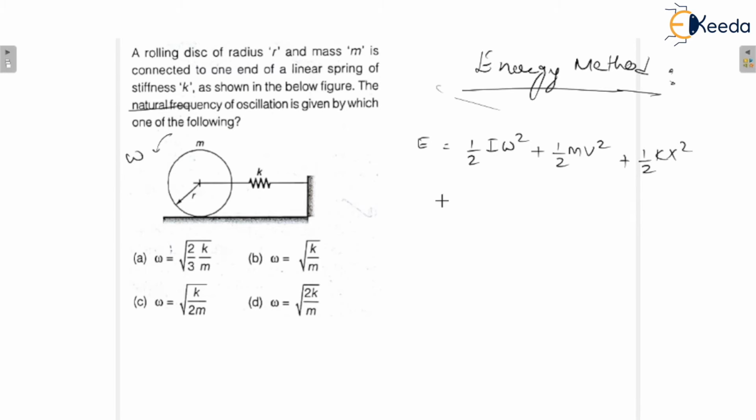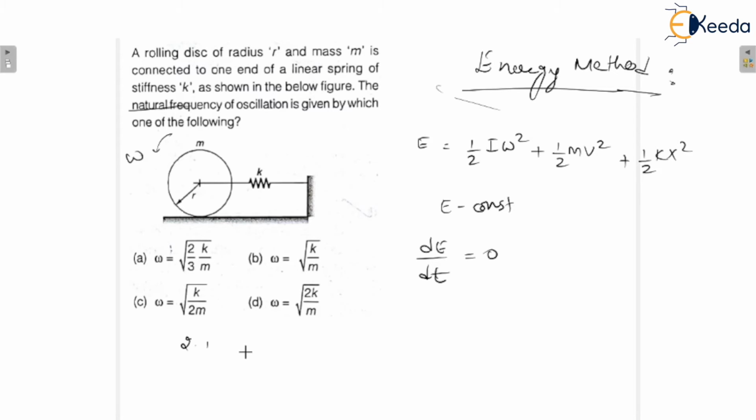So I'm going to revise the concept again: dE upon dt is equal to 0. We have to differentiate this whole equation with respect to t and put it equal to 0.